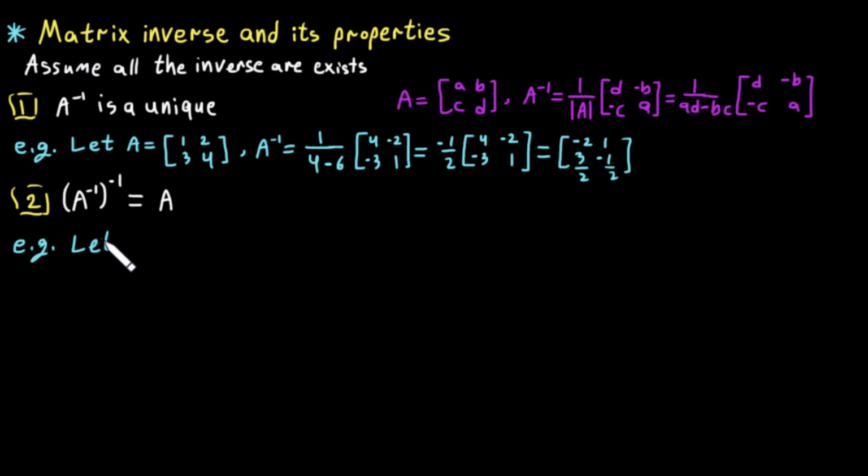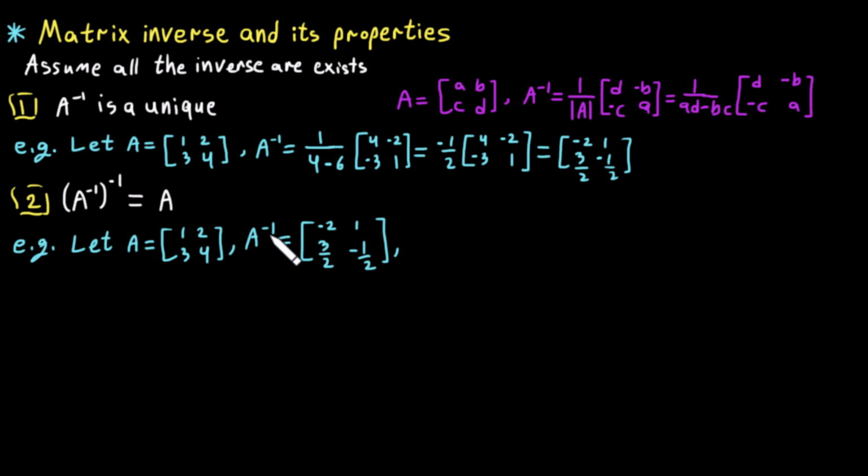Let A equal the same as here. I will always use this A in this video. Of course, you can use any matrix, but I will stick with this A: 1, 2, 3, 4, and we have already computed A inverse, which is negative 2, 1, 3/2, negative 1/2.